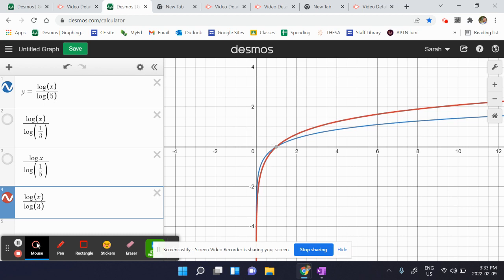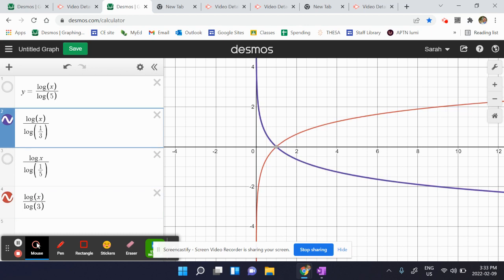And then we switch x and y, okay? And we're just going to get rid of log base 5 of x, and I'm going to put in 1/5, okay? So 1/5, you're going to notice that it's flipping it over, sorry, not 1/5, 1/3. It's flipping it over the x-axis, just like before it was flipping it over the y-axis, okay?